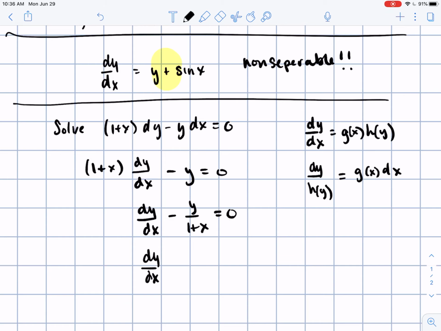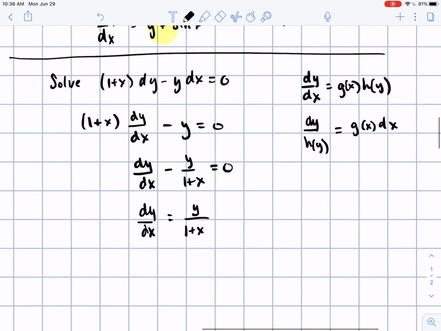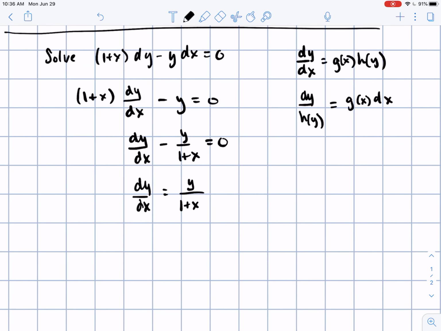I know I'm giving quite a few steps. You don't have to take all these steps, but if it's easier to get it into that form so we can separate it, that could be a little easier for you guys. I might have done a couple steps real quickly and just got to this, where it was dy over y. So now I'm grouping, separating the y, putting that with dy, and dx over 1 plus x.